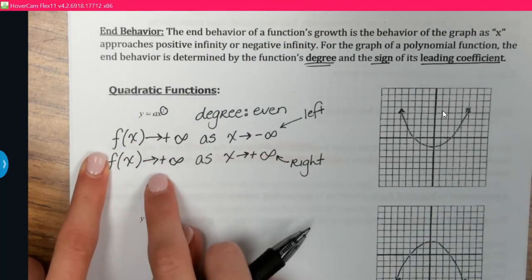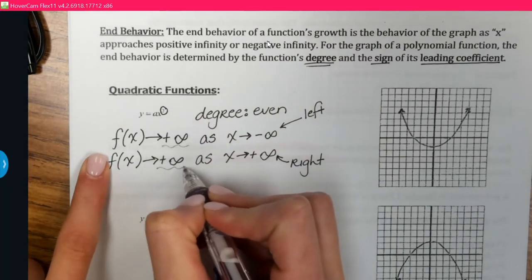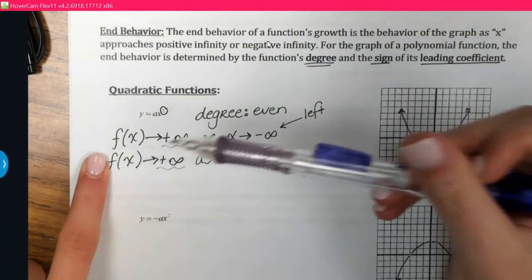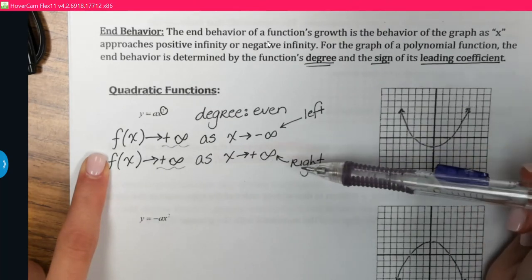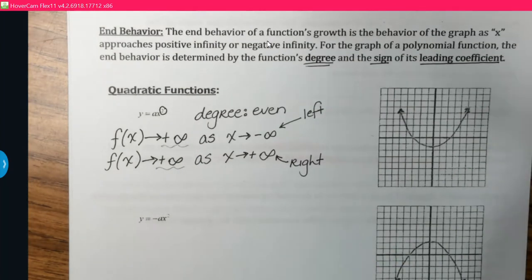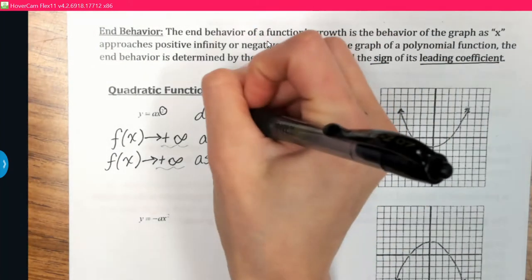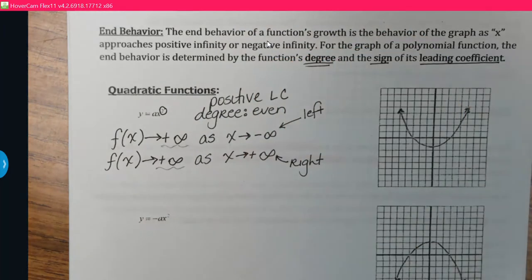The only thing that's going to change is this right here. I'm always going to write as x goes to negative infinity and as x approaches positive infinity, in that order, so I'm always going to do left, then right. So that would be my end behavior for the quadratic function with a positive leading coefficient.